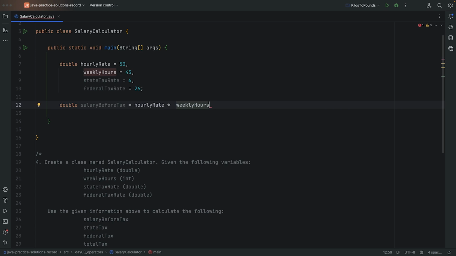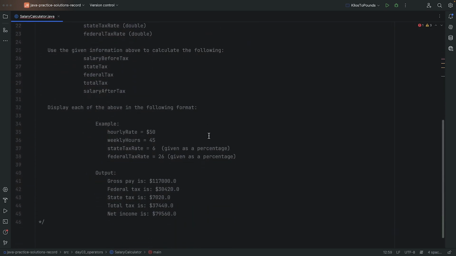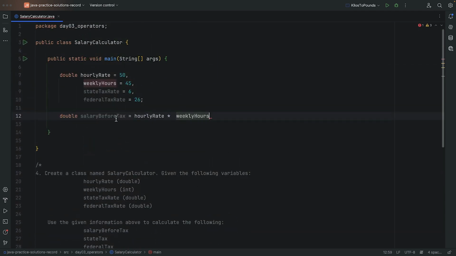And the one thing that it's not immediately telling you here that we have to consider is that I want the salary. So I'm doing this basically for the whole year. That means that I have an hourly rate and the number of hours I worked in the week. That's for 1 week, right? The number of hours I worked and then how much I would get paid based on those hours.